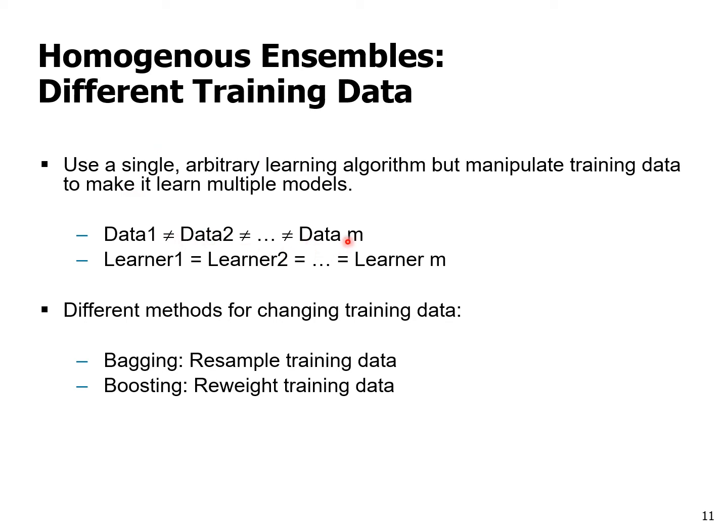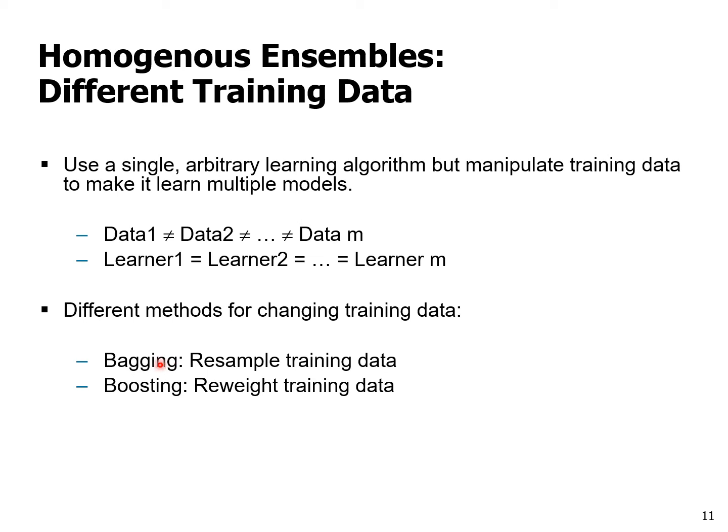The next question is, how do we generate multiple training data from one original data? Okay, that's the main focus of this method. We're going to study two methods here. Okay, we have two different methods for changing training data. So this means from original single training data, how do we generate multiple training data like this?